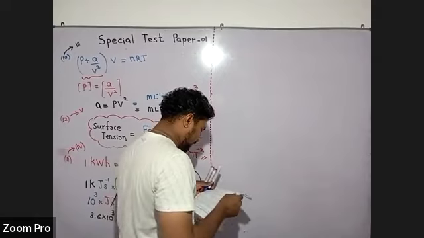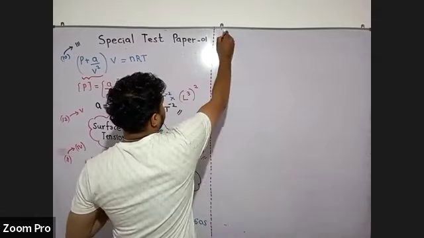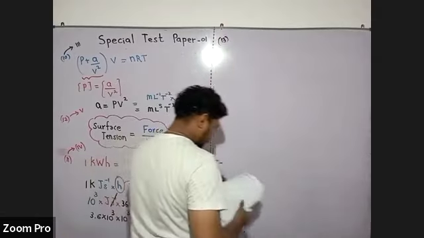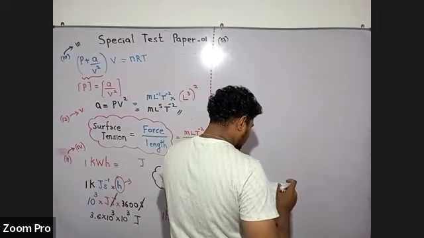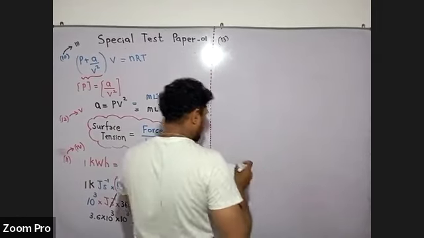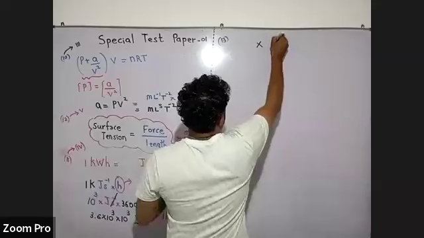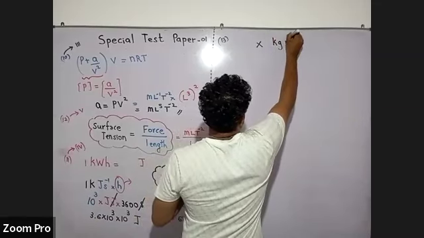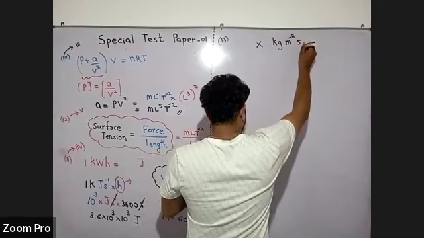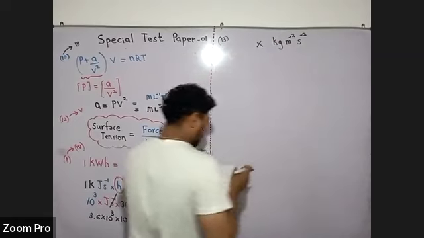Okay, in the 13th question, the value of a particular quantity can be written as x kg m^-2.